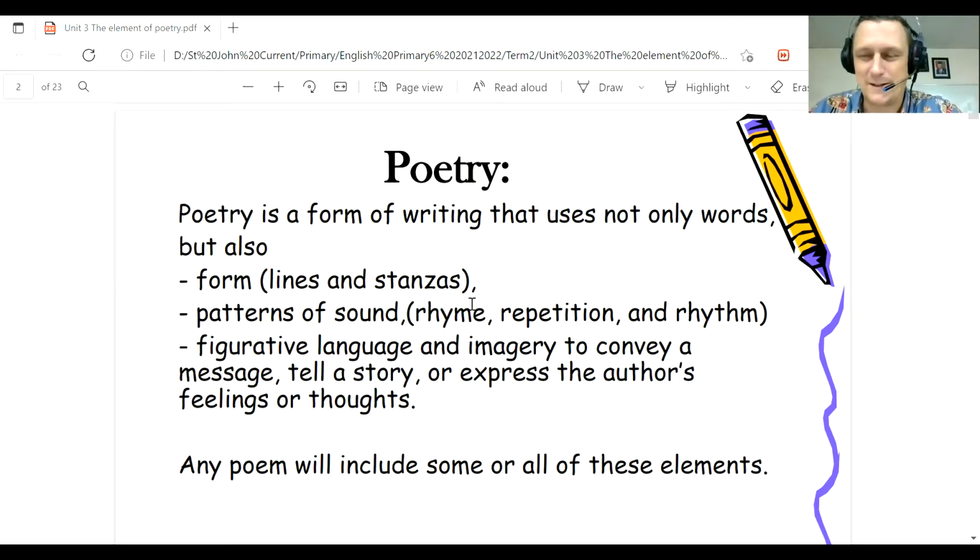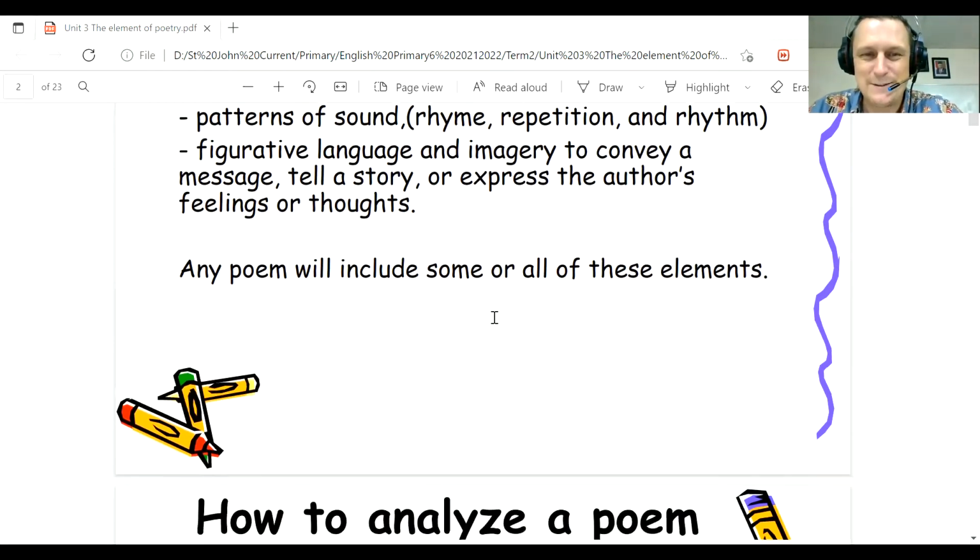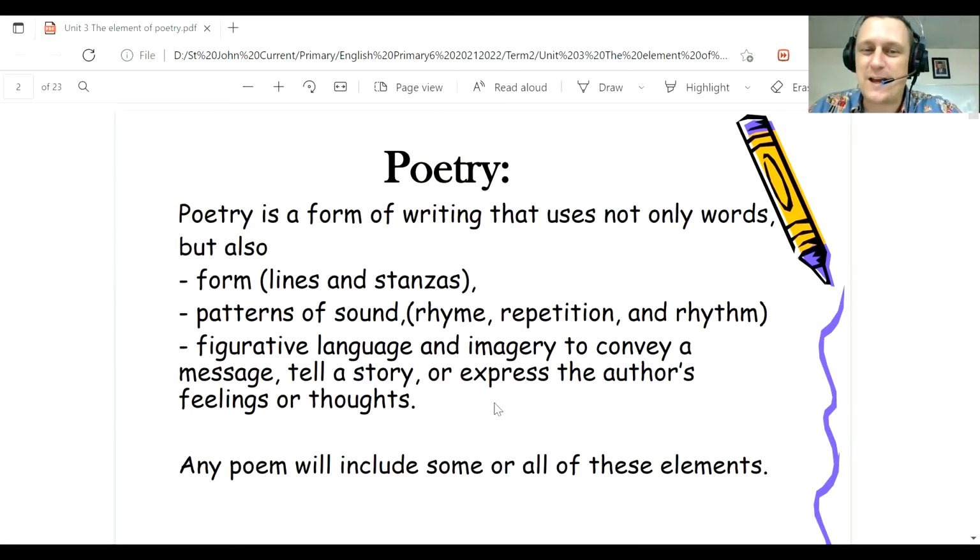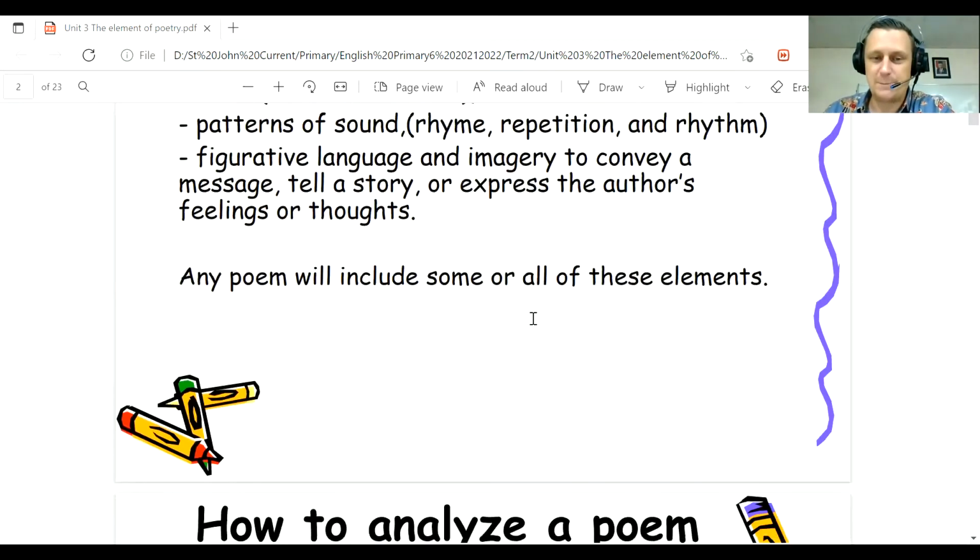Okay, maybe not that. But does every poem have all of those things? No. Most poems have rhythm. Most poems have rhyme. Twinkle, twinkle, little star, how I wonder what you are. But not all poems have rhyme. Some poems have a shape.